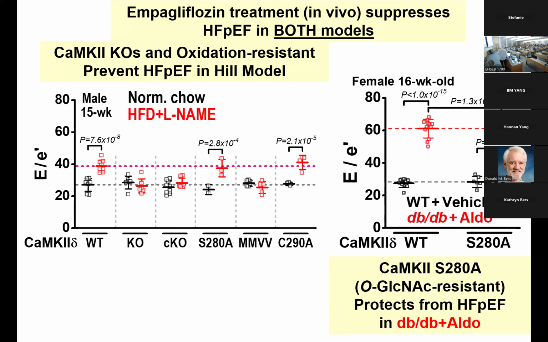Now, these are tough because the db/db mice are infertile, so getting the crosses to be both homozygous for the knock-in and for the db/db is a pain. And so we're doing this now with the oxidation resistant mice to see if they are less protected here than they were in this model.